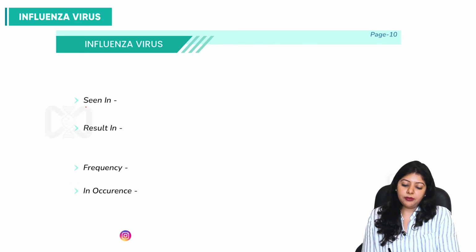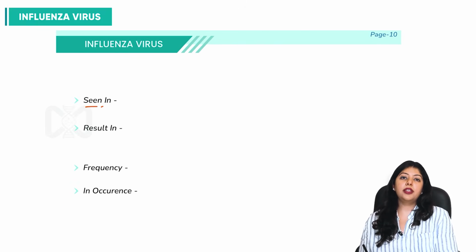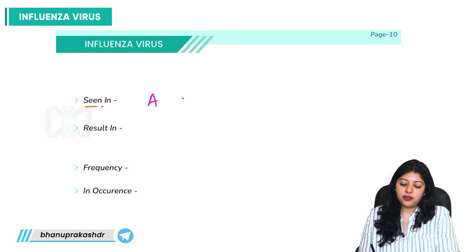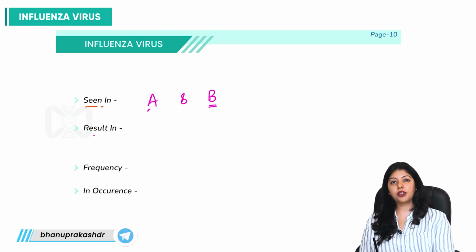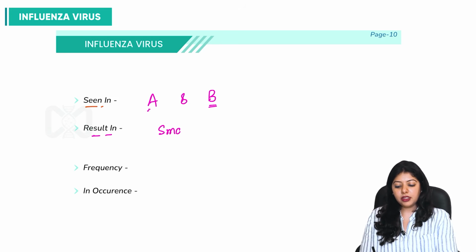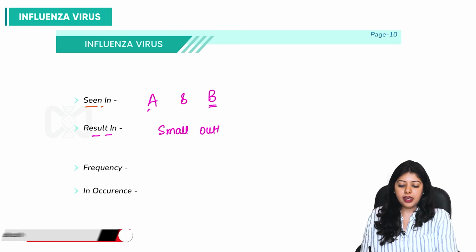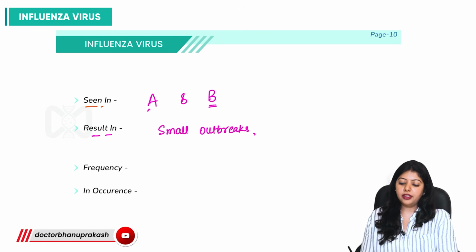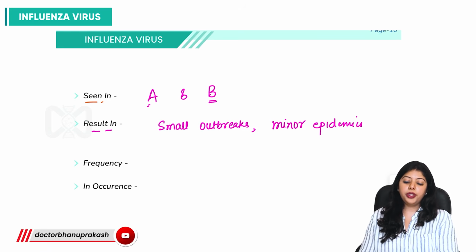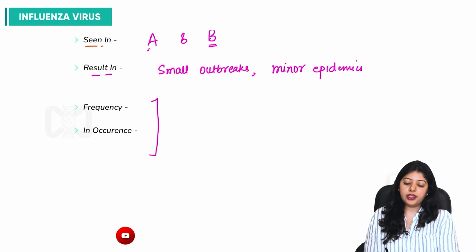So now comes the question: which influenza genera show antigenic drift? It is influenza A as well as B which are associated with antigenic drifts. So these result in small outbreaks as well as minor epidemics. And from the story itself, we could derive the frequency of occurrence.